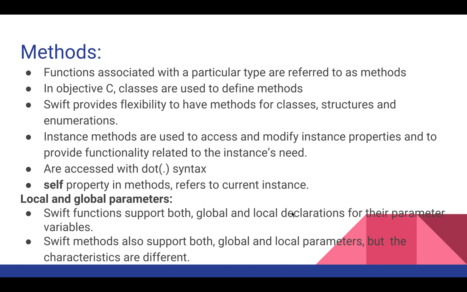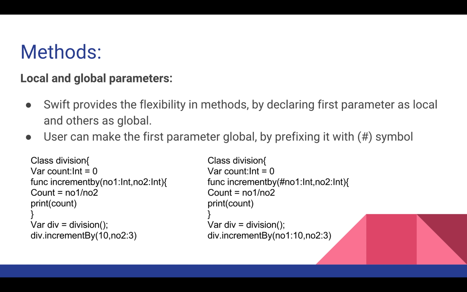Swift functions describe both local and global declarations for their variables. Similarly, Swift method naming conventions also resemble those of Objective-C, but the characteristics of local and global parameter names are different for functions and methods. Swift provides flexibility in methods by declaring the first parameter name as a local parameter name and the remaining as global parameter names.